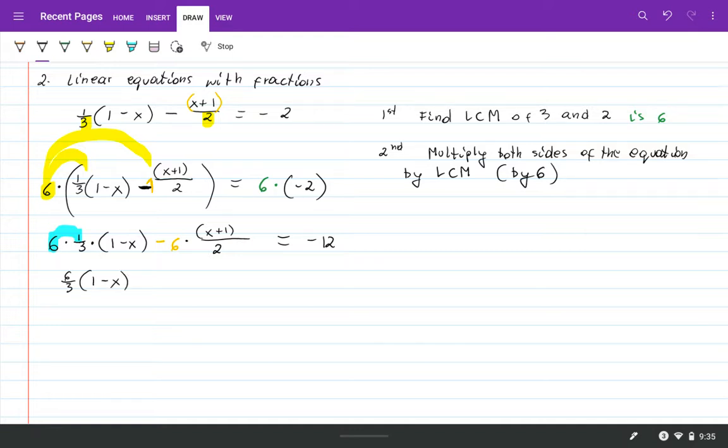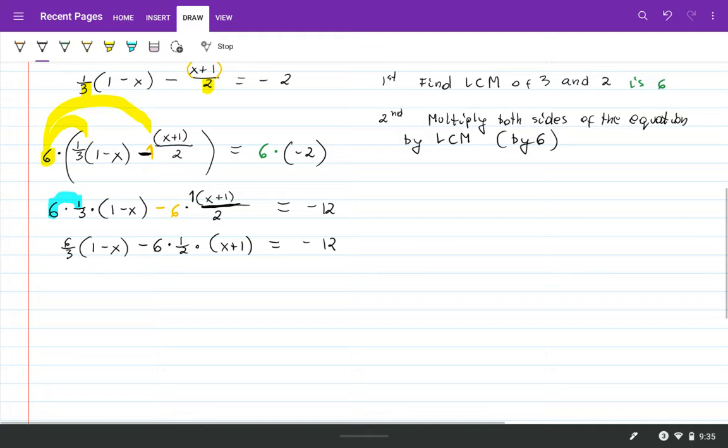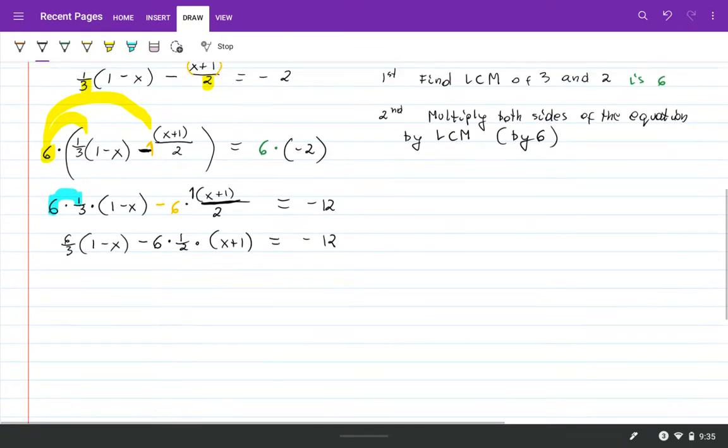And here, if you guys want it, you can rewrite that, and I think that will be better, as 6 times 1/2 times (x plus 1). Again, I'm not sure if you guys need so many steps, but you can always do it. You can always put 1 right here. Just to quickly review basic operation with fractions.